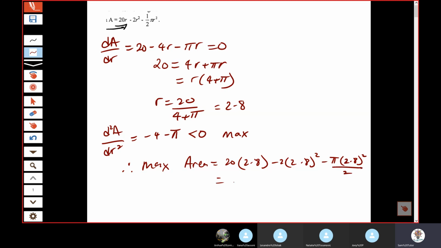The maximum area is this, to the nearest meter. Any questions?